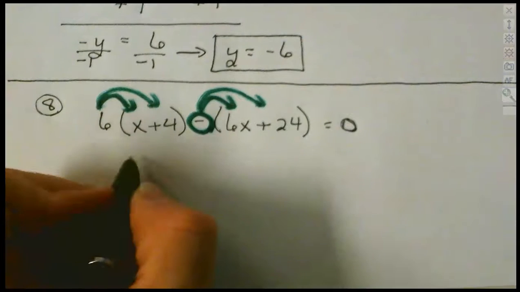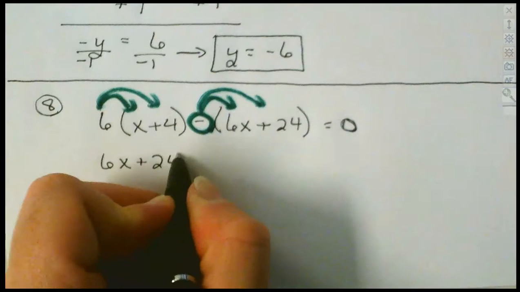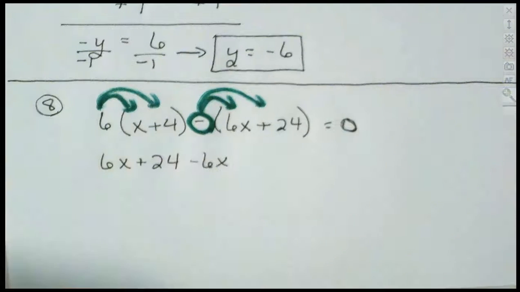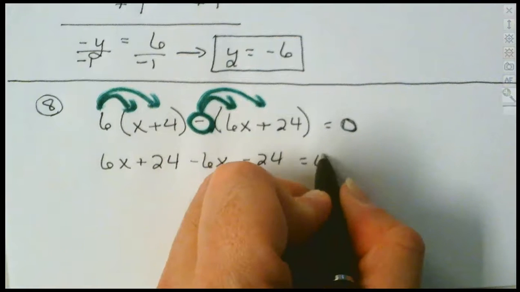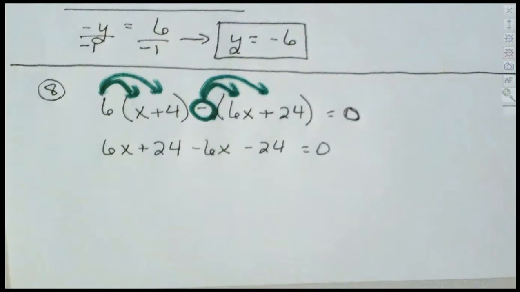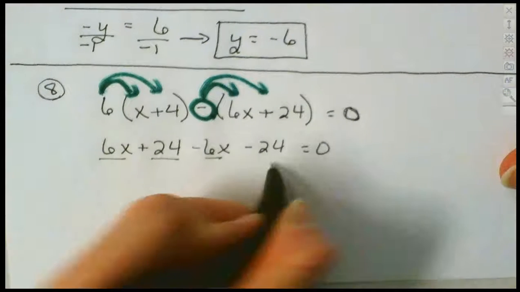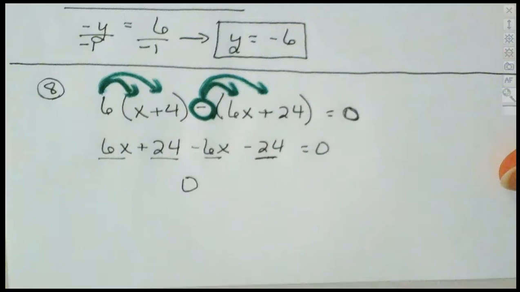So now when we distribute, that gives me 6x, and then 6 times 4, that makes it a 24. When I distribute the negative through, I get a minus 6x and minus 24. Now, what's going to happen on the left-hand side? Well, these are all inverses of each other, opposites, and they completely cancel, and they leave you then with 0.